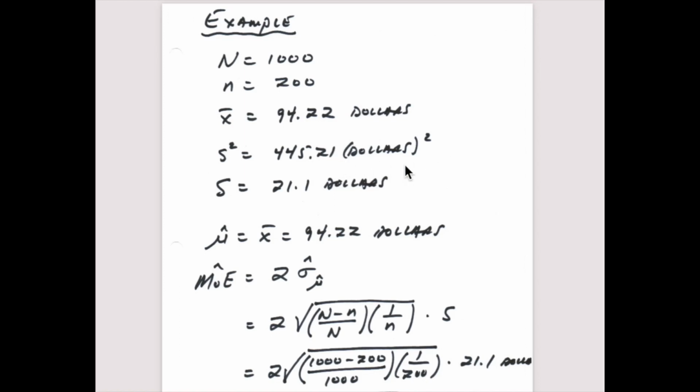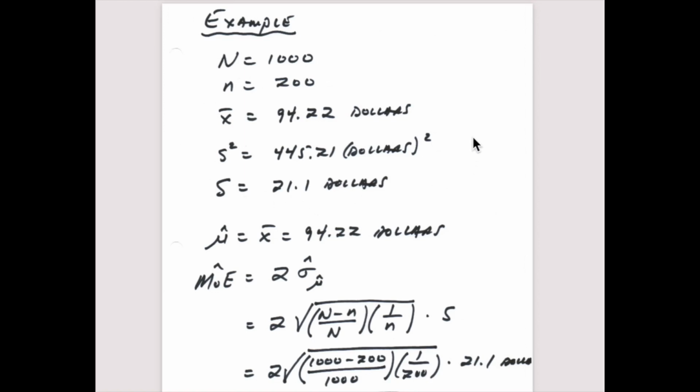Remember that the units on the variance is the square of the units of the original data. We then take the square root of that to get the sample standard deviation, which rounded to 1 decimal place is $21.1.